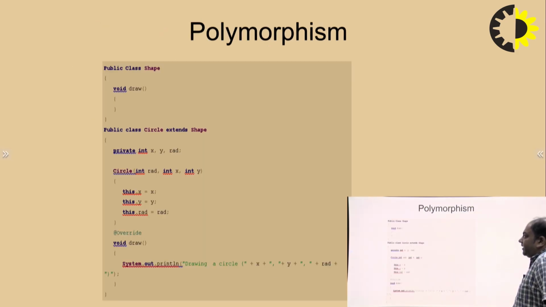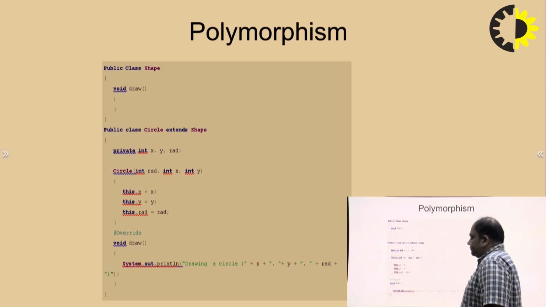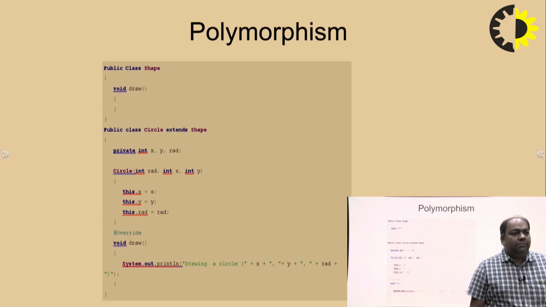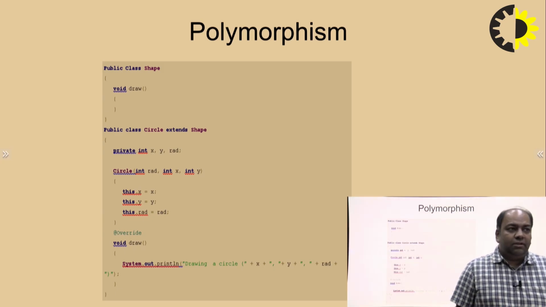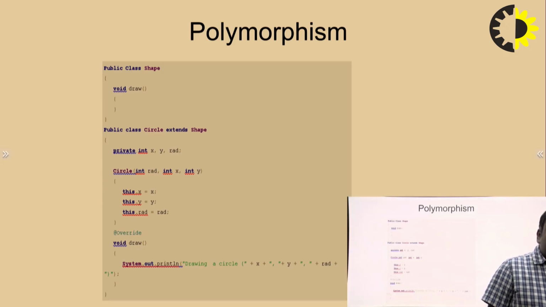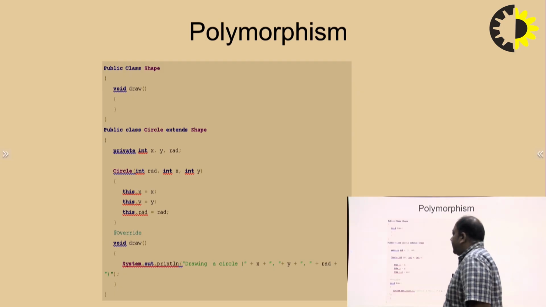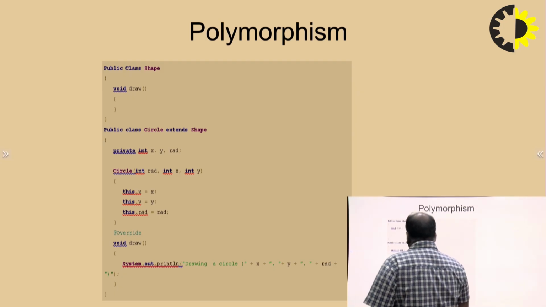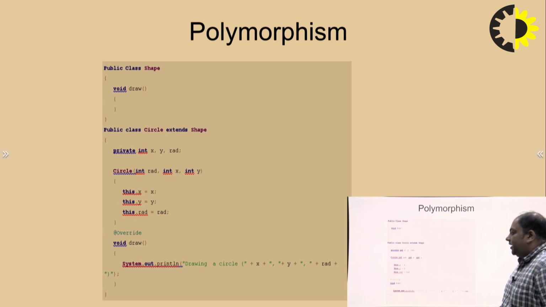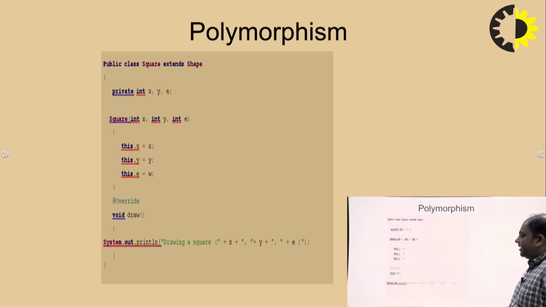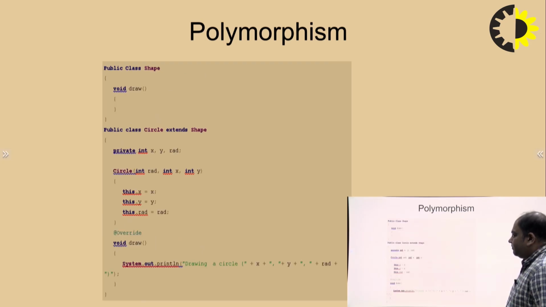Now I will take an example of polymorphism. How in polymorphism do we use the variables and create the object, and those same objects behave differently. So first I create a class named Shape in which we draw a shape. One shape is a circle and another shape is a square.